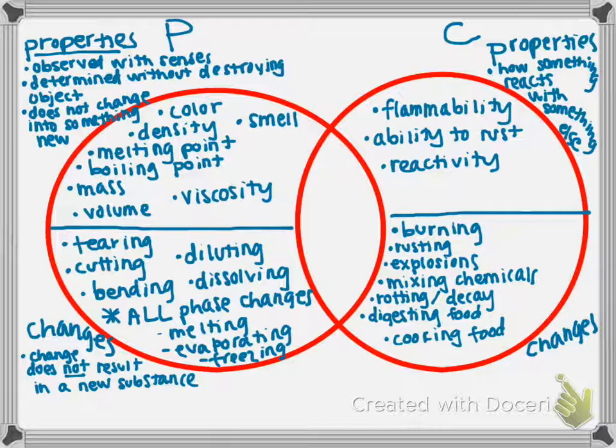So a chemical change, I'm going to define it on the bottom here. It produces a new kind of matter or a new substance. And because it is a chemical change, what actually is happening at a deeper level is that bonds are breaking.